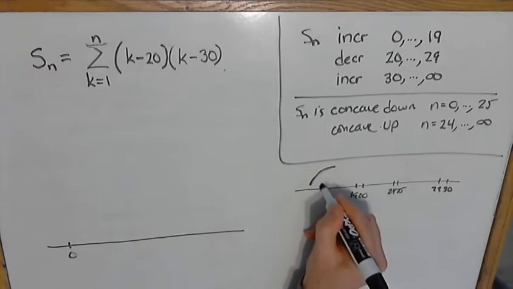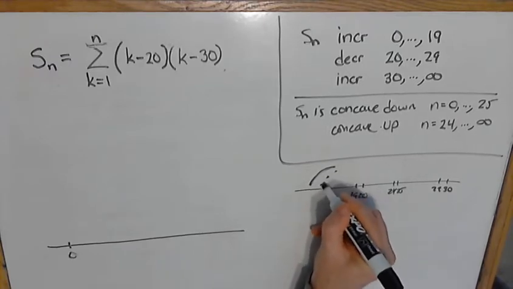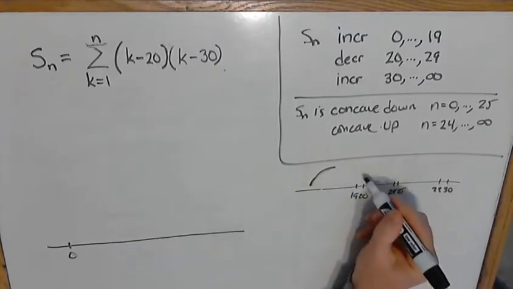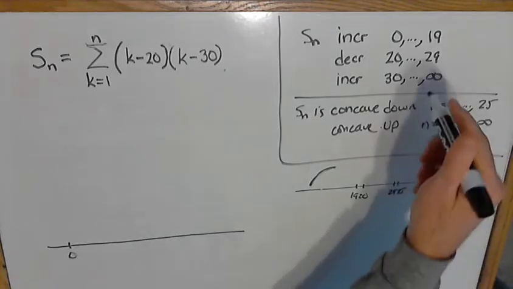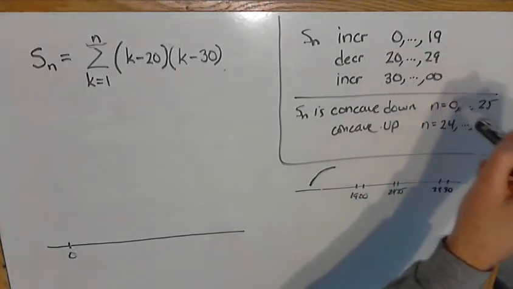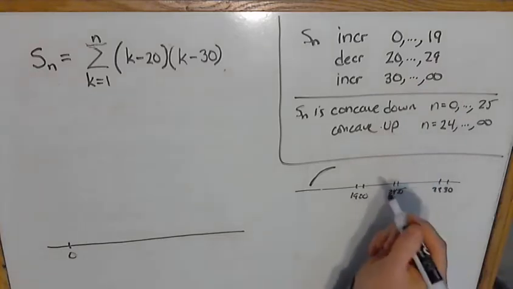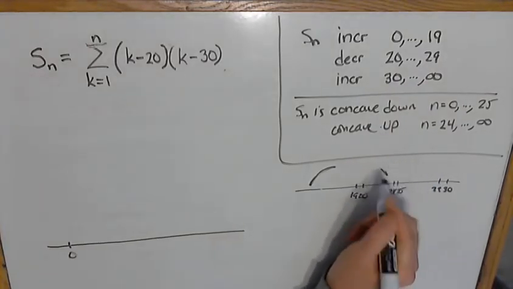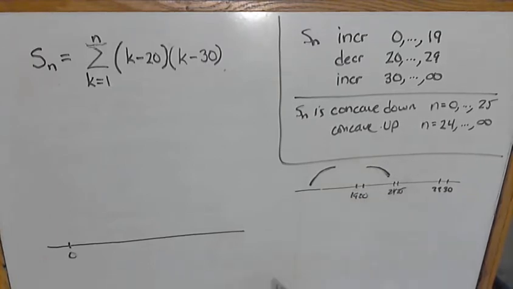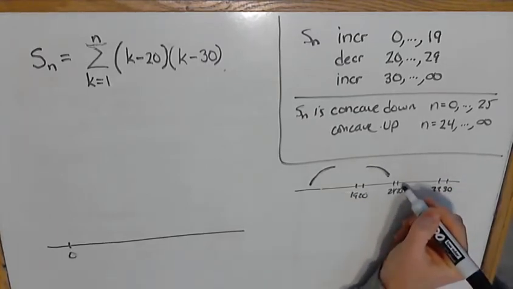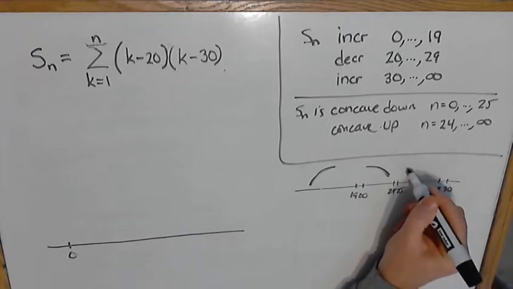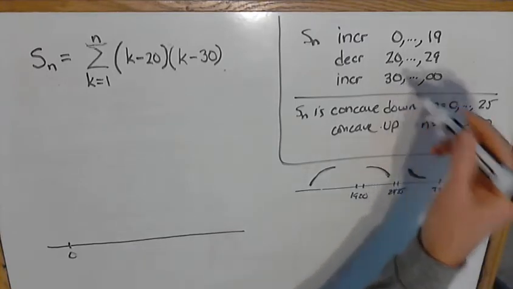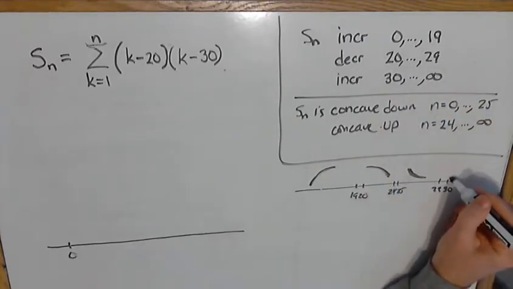And the reason it's concave down is the increment that I'm going up by is decreasing. Now, from 20 to 29, I'm now decreasing, but only until 25 am I still concave down. So I'm going to be decreasing, and then at 24 it switches to concave up, but it's still decreasing, and then I start to increase again while concave up, and so my graph is going to look like that.